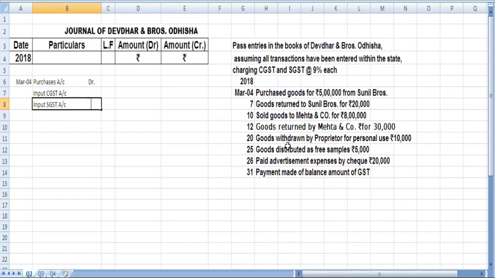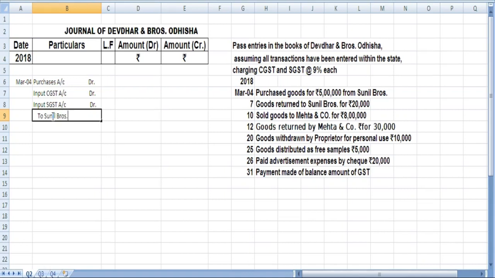Okay, so input CGST and input SGST, both we will debit. And since this is on credit, what we will write down? We will write the name of Sunil Brothers.